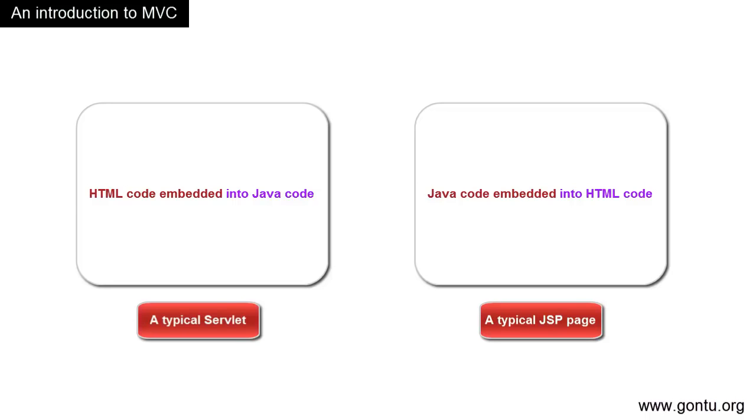That is the code which actually renders UI on the screen and the code which executes some logic in order to provide data which is to be displayed on the UI. This mixing of two makes it difficult for a UI developer and a business logic developer to work independently as both reside in the same file, and as a result it takes more time to develop such a web application.